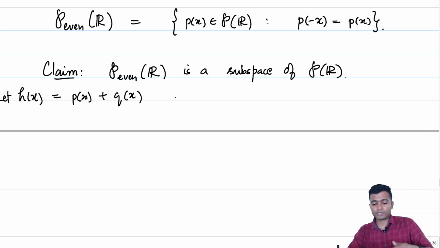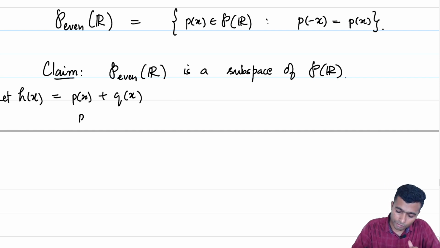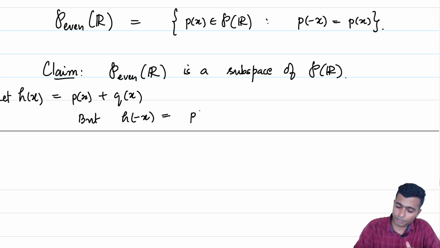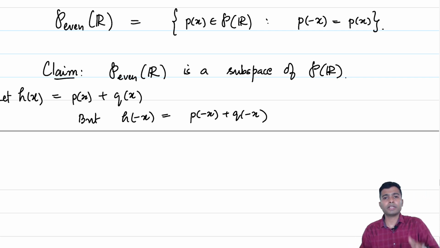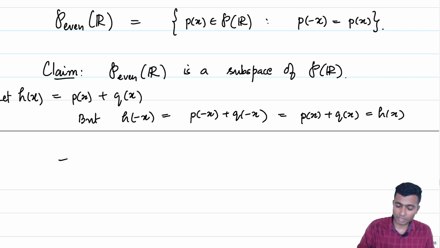We want h of x to be in P even of R. That will happen when h of minus x is equal to h of x. But h of minus x is equal to p of minus x plus q of minus x. But both p and q belong to P even of R, hence this is p of x plus q of x. But what is this? This is exactly equal to h of x, and this implies that h also belongs to P even of R.